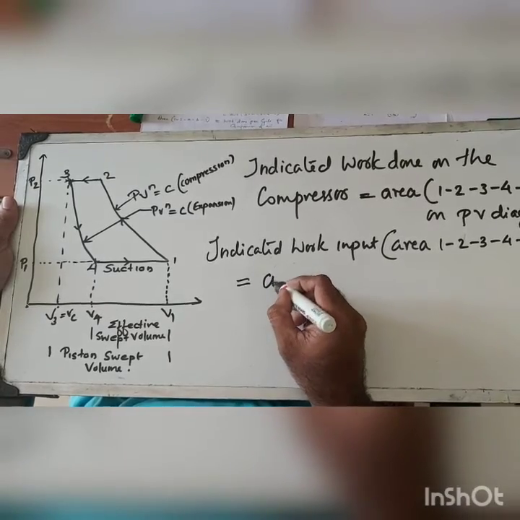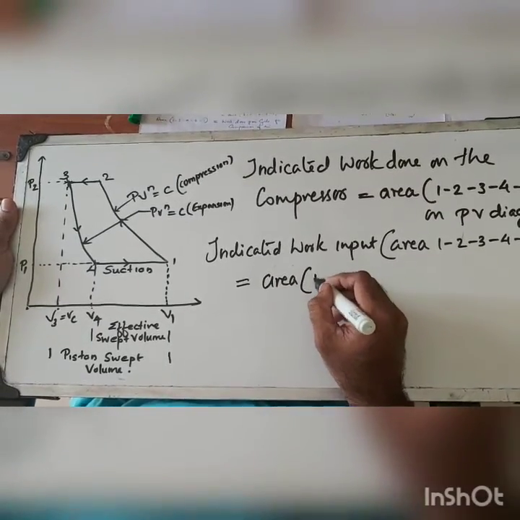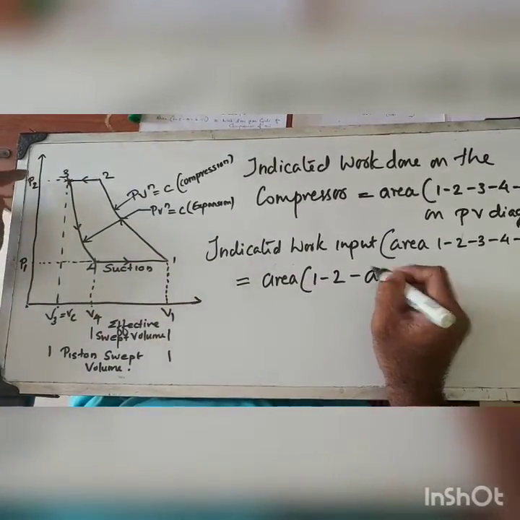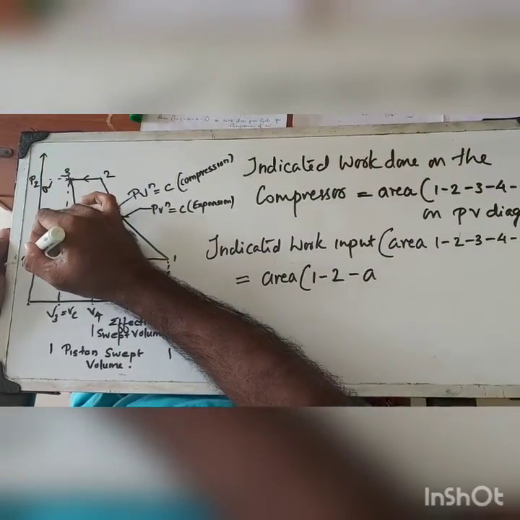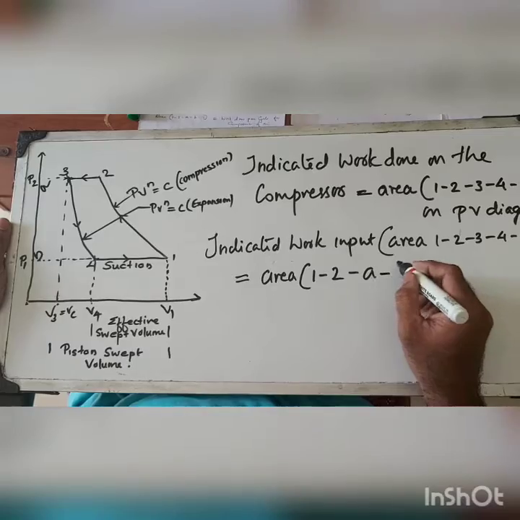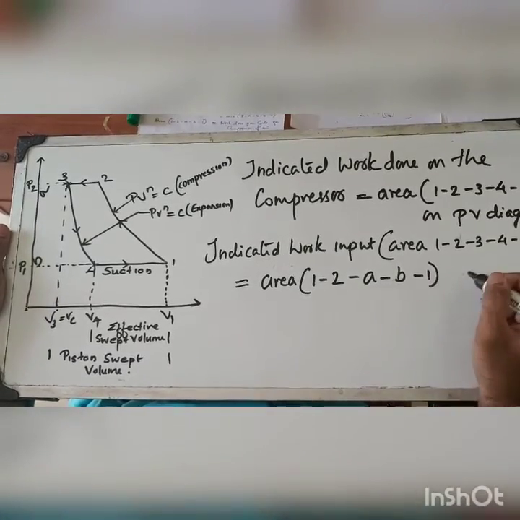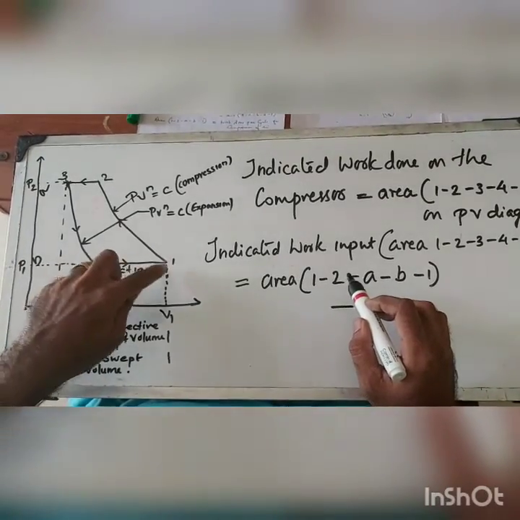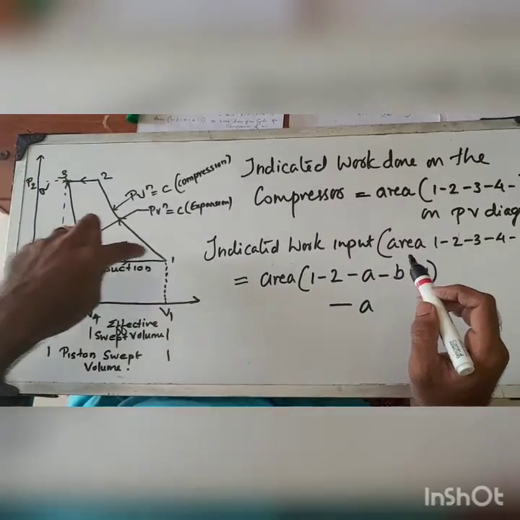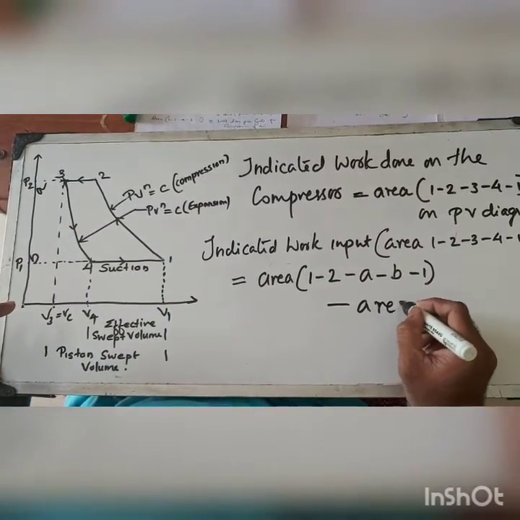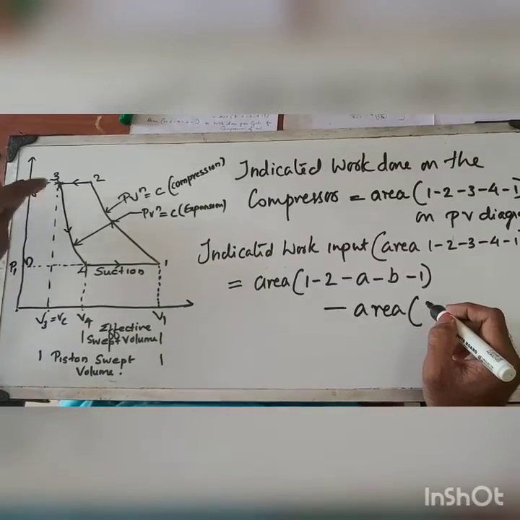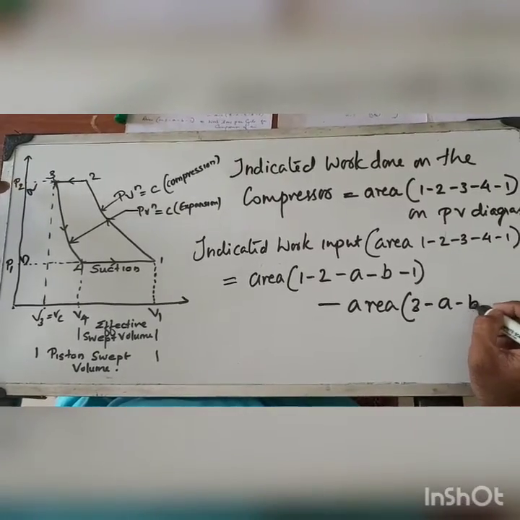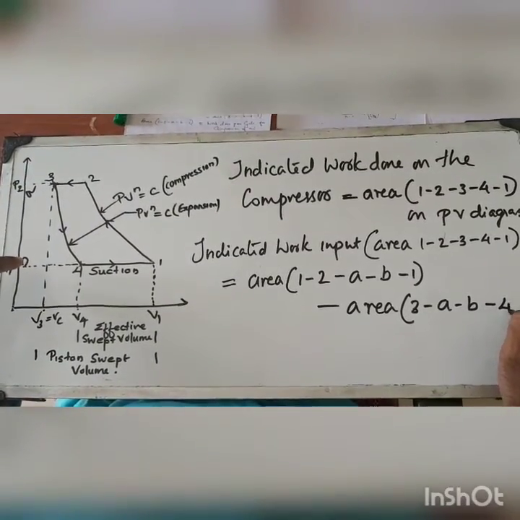subtracting areas. Area 1, 2, A, B, 1, where this point is A and this point is B, minus area 3, A, B, 4, 3.